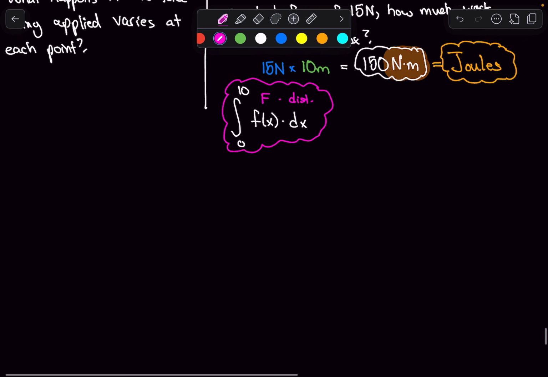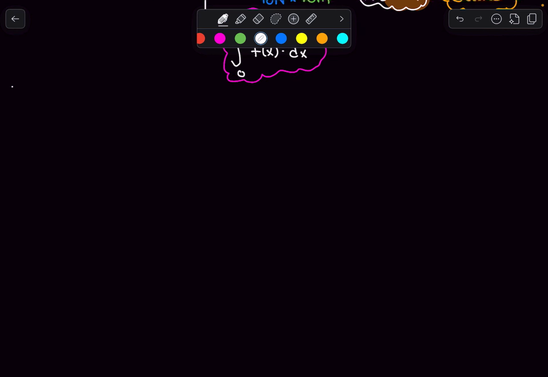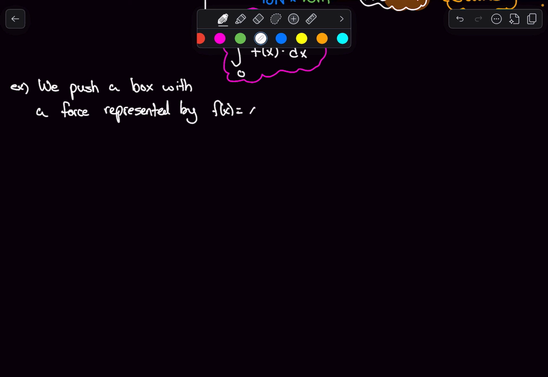So, for example, let's stick with the box problem, but let's say we push a box with a force represented by f of x equals x squared plus 3, from x equals 0 meters to x equals 10 meters.